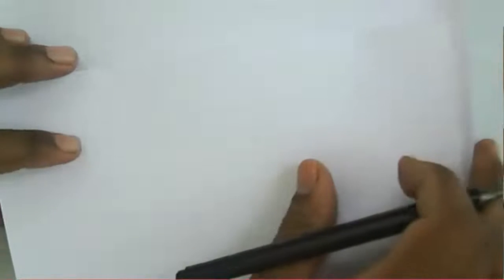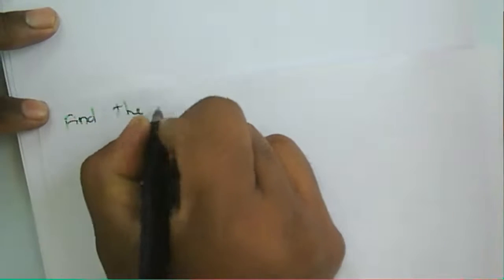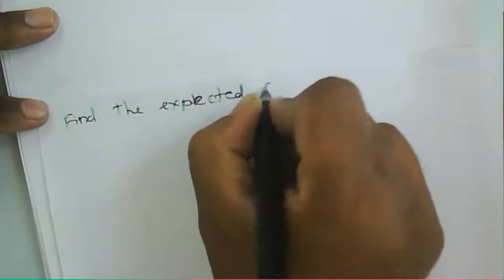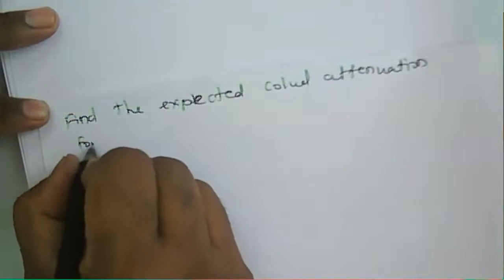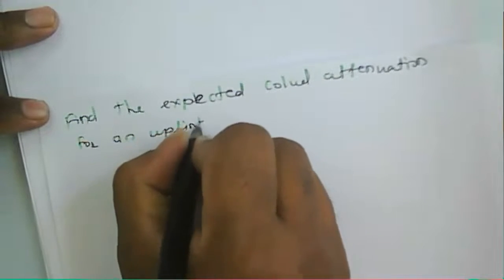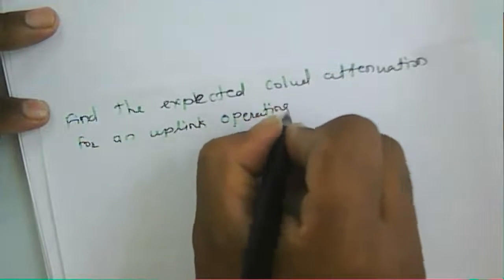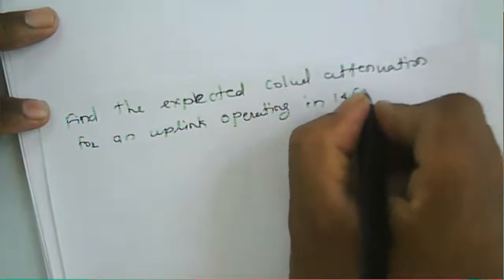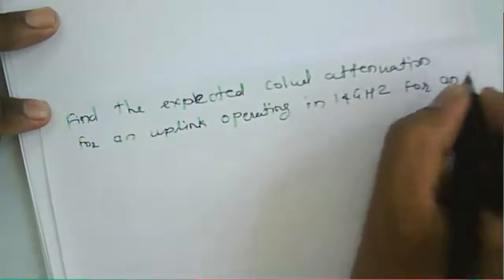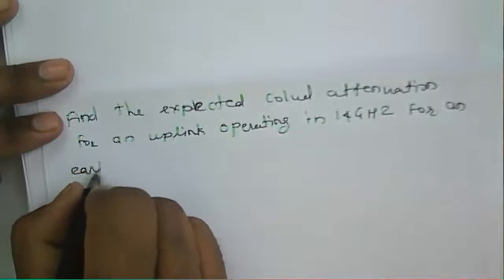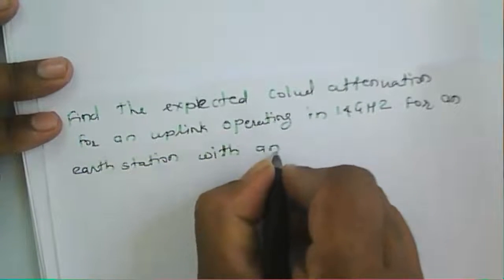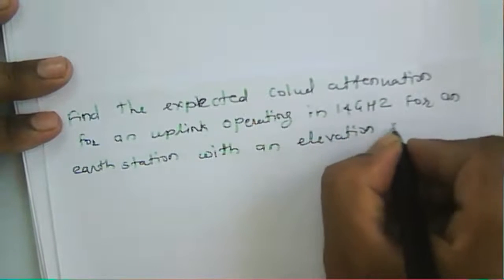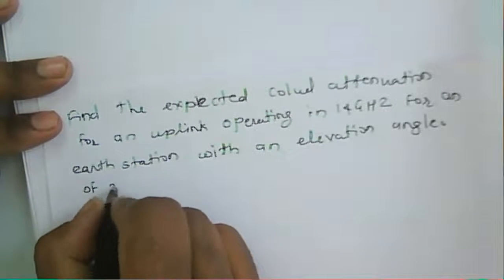Now we'll type here: find the expected cloud attenuation for an uplink operating at 14 gigahertz for an earth station with an elevation angle of 30 degrees.